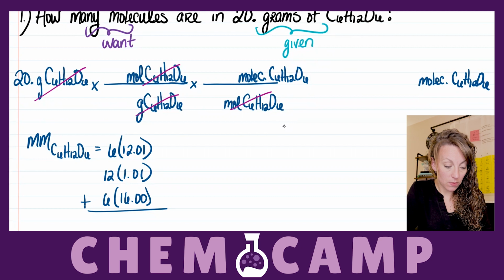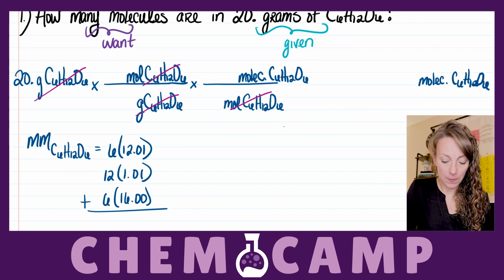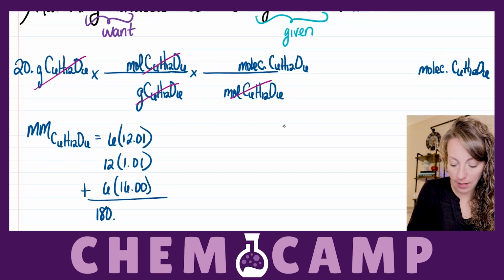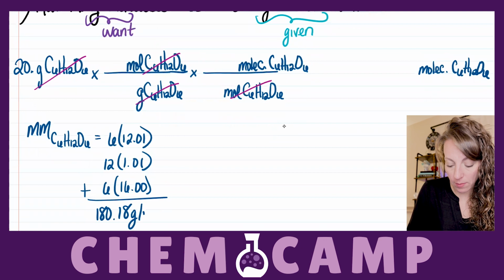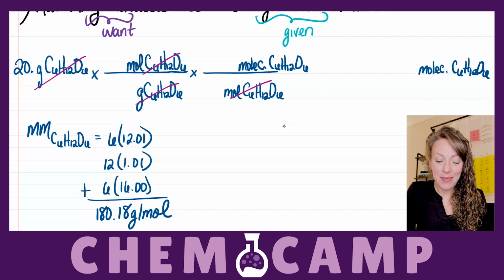So 6 times 12.01 plus 12 times 1.01, plus 6 times 16, which gives me a molar mass of 180.18 grams per mole.